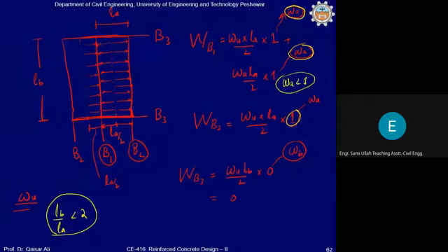Okay? And what about WB? Load transfer coefficient along the longer direction. It will be 0 or it will be greater than 0. Greater than 0. Yes, it will have some value.